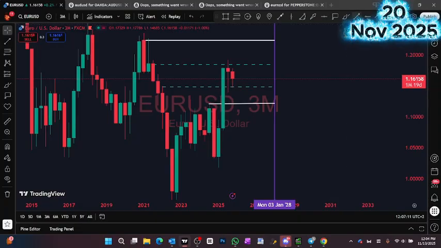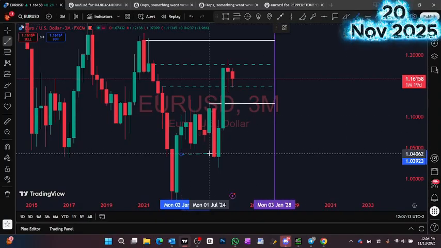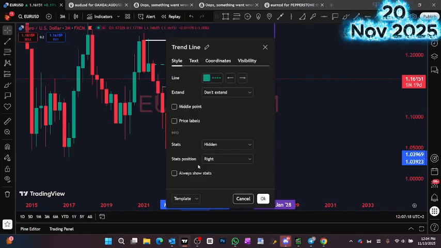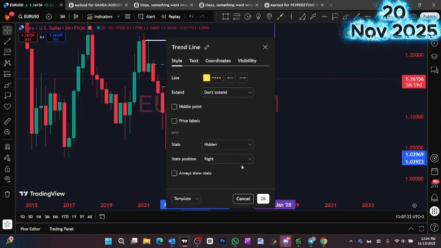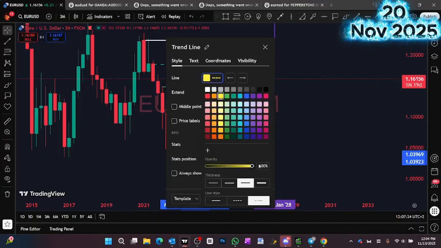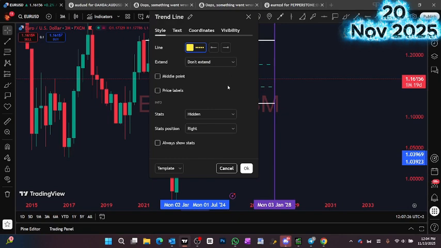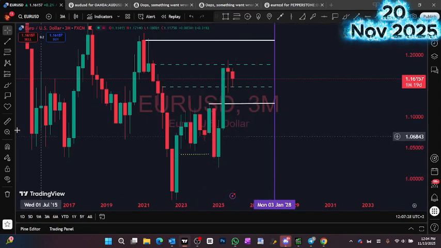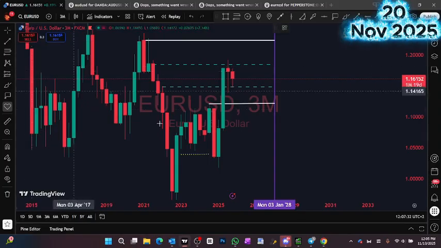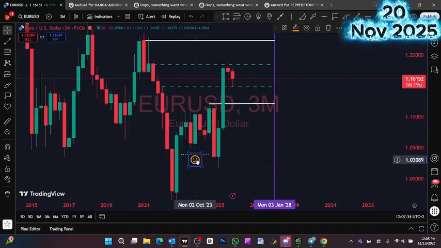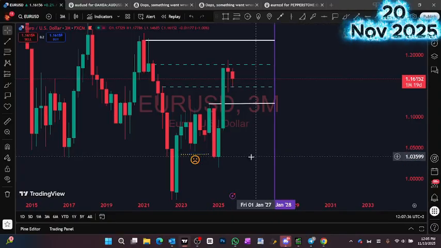Yeah, it took out, we're on 3 months, so we are going with yellow. It took out the liquidity here.